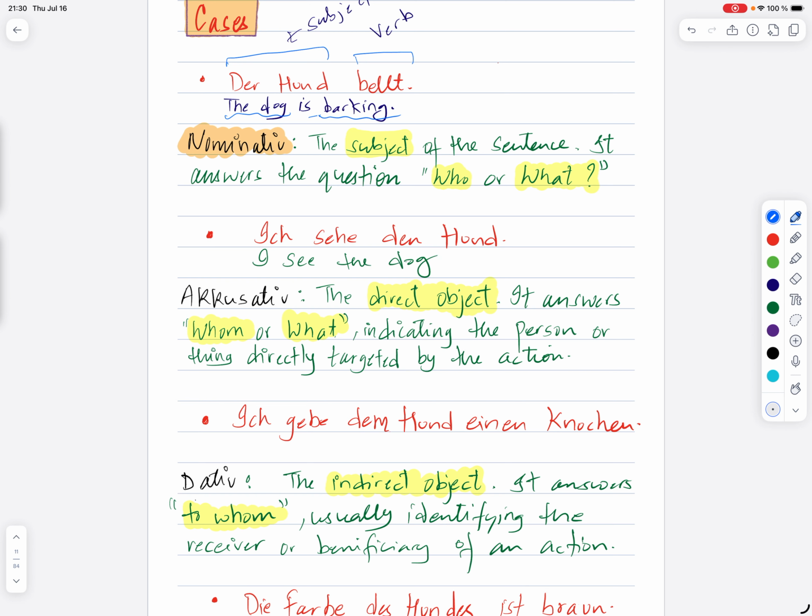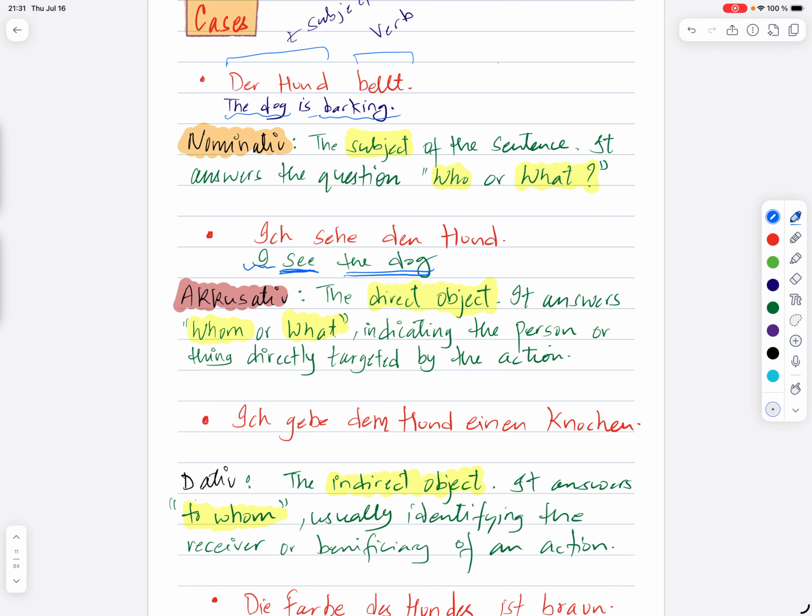Now we try to split what is the subject, verb, and object. I is the subject, see is the activity being done, and because of the activity, what is being affected is the dog. I see the dog, and the dog becomes the direct object of this sentence, and this object belongs to the accusative case. The direct object answers the questions: what is getting affected, or whom is the activity directly affecting?